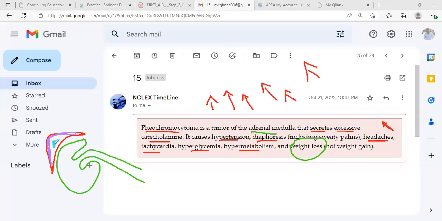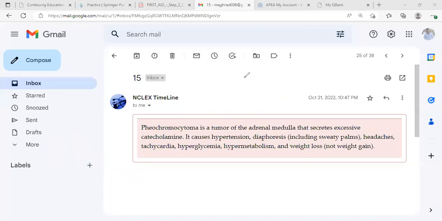And the medulla has cells called chromaffin cells. If a tumor develops in this area and secretes too much hormone, because of the adrenal medulla tumor, catecholamines are secreted, and they cause all of these problems. We learned, right?